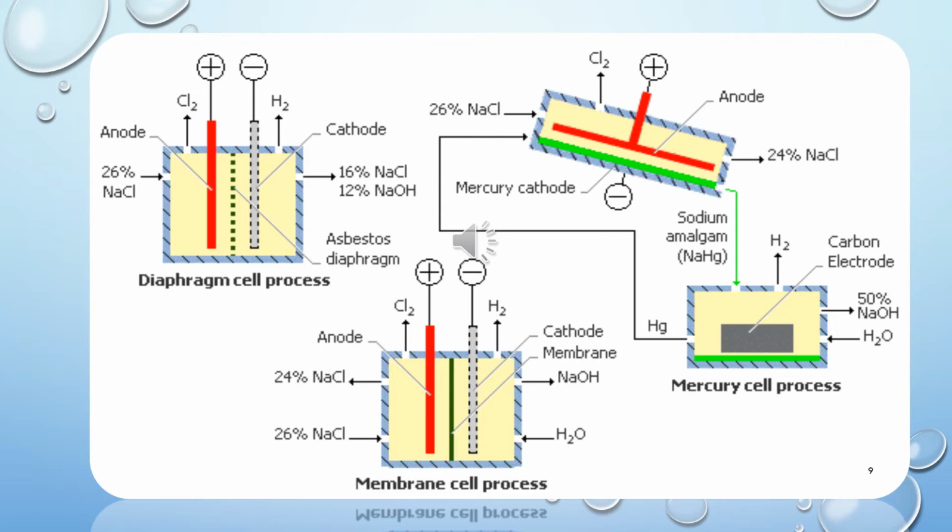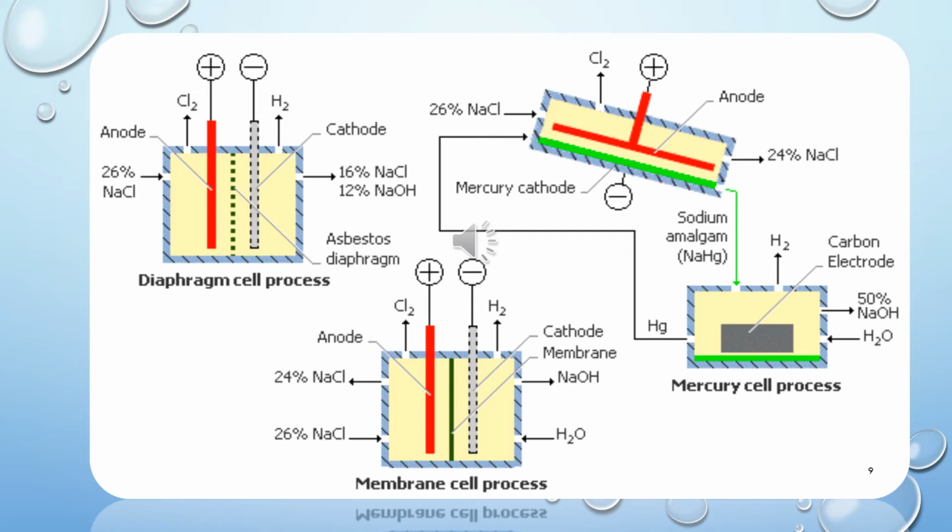So in this we have discussed three things. First one is diaphragm cell is known as diaphragm cell due to the separation of two electrodes by diaphragm. The membrane cell process is known as membrane cell process due to the separation between two electrodes of membrane.